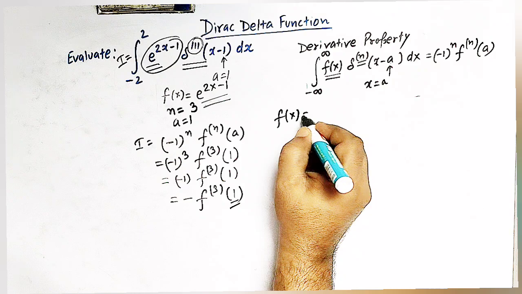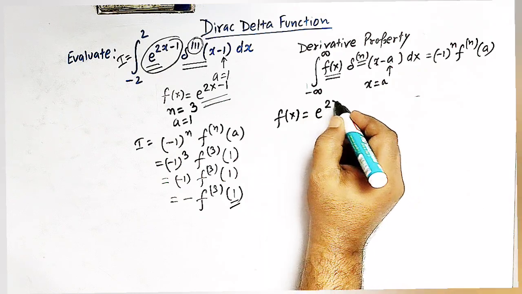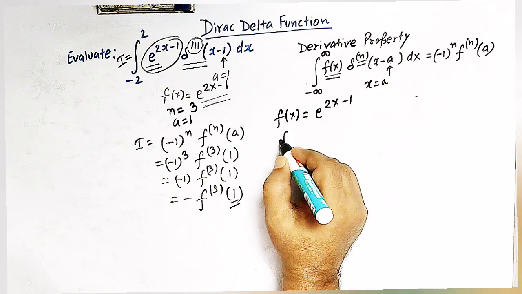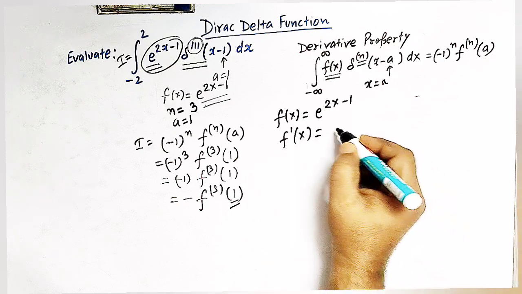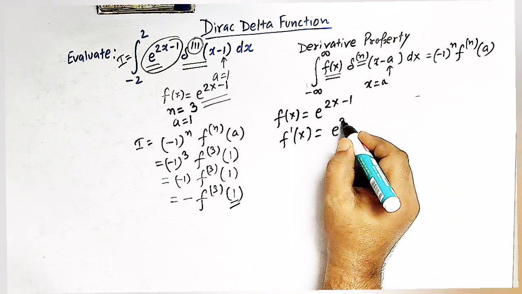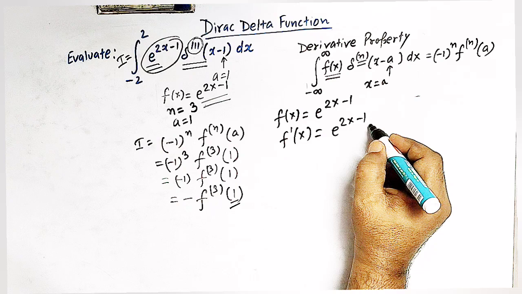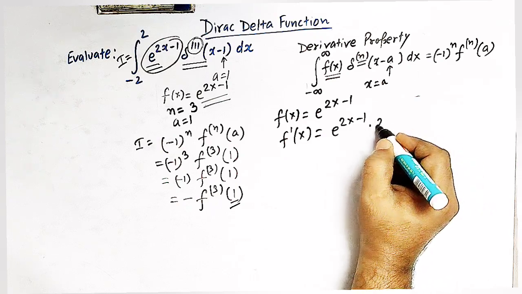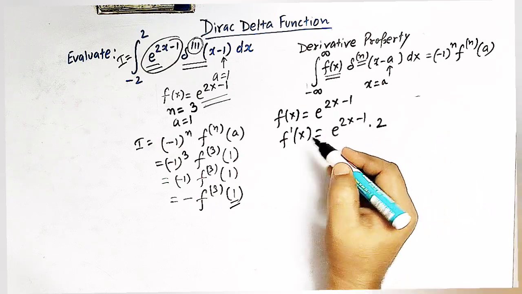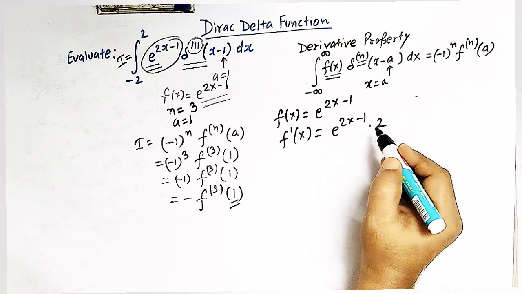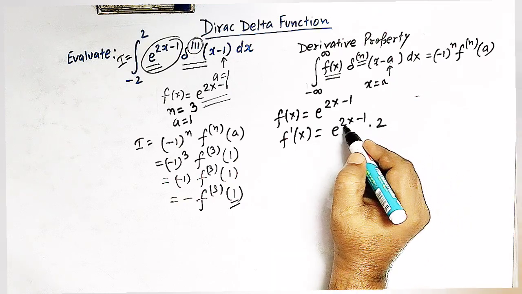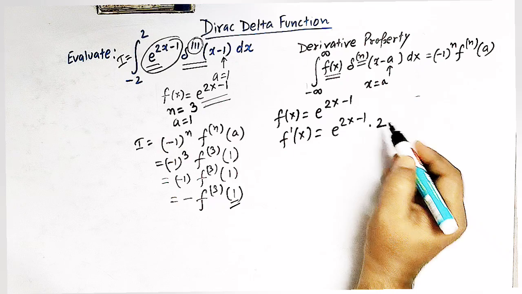So we have f of x is equal to e raised to 2x minus 1. So the first derivative, that is f prime of x, is equal to e raised to 2x minus 1 multiplied with the 2, because the derivative of the exponential function is the function itself, and then by chain rule the derivative of 2x minus 1 is 2.